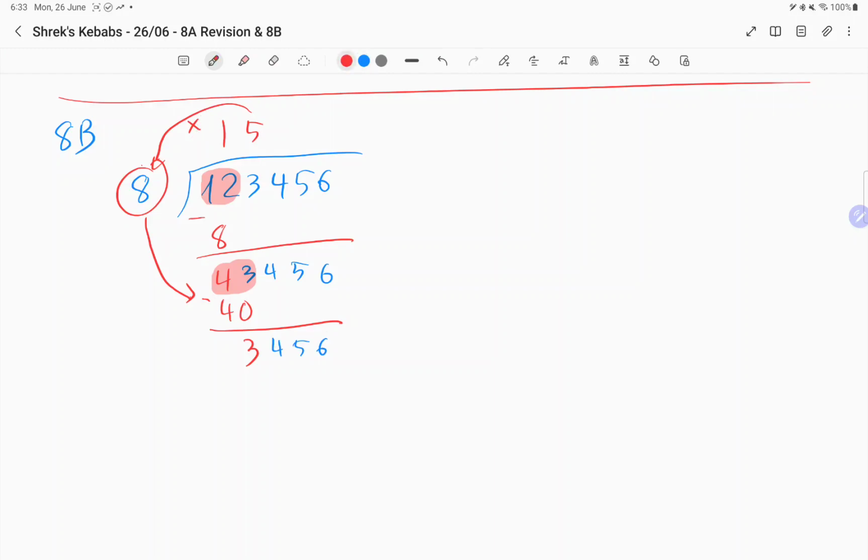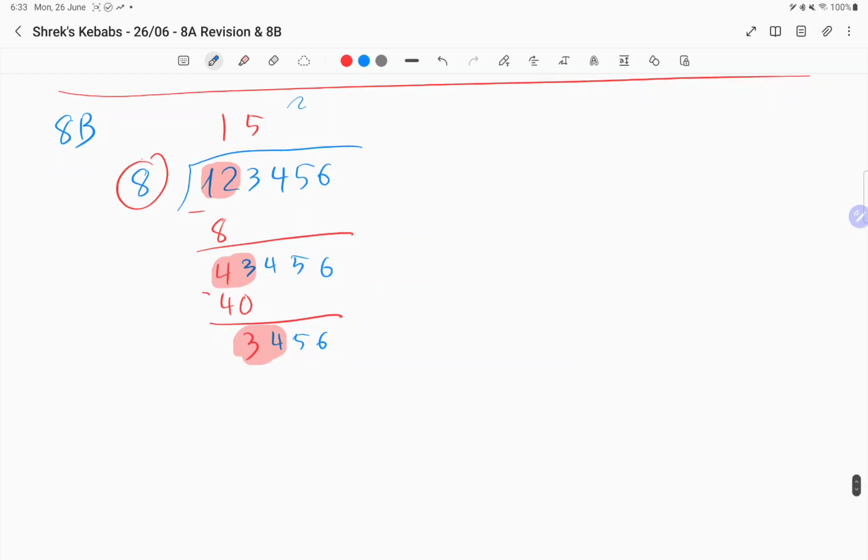So what's the next digit, Amani? 34. Sorry, I was reading off the bottom. Not 3, because 3 times 8 is 24, which is not closest to 34.